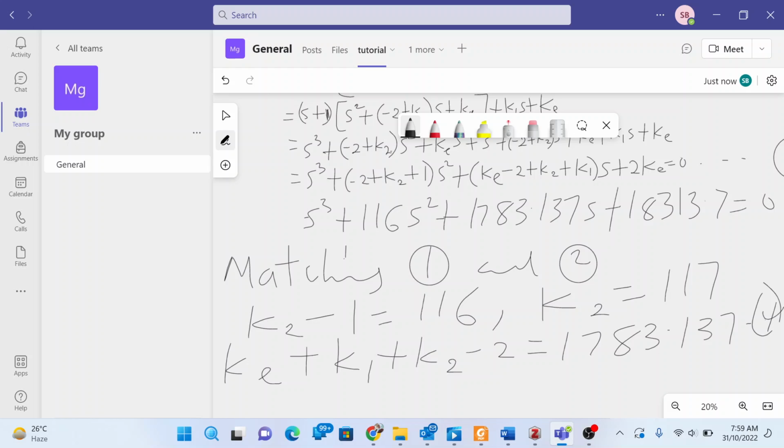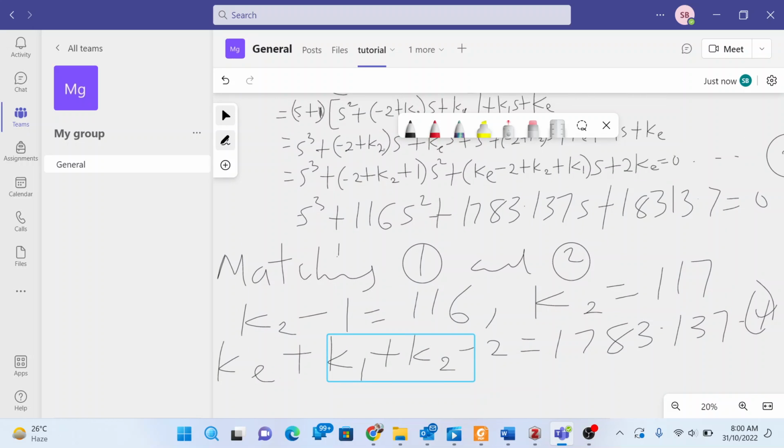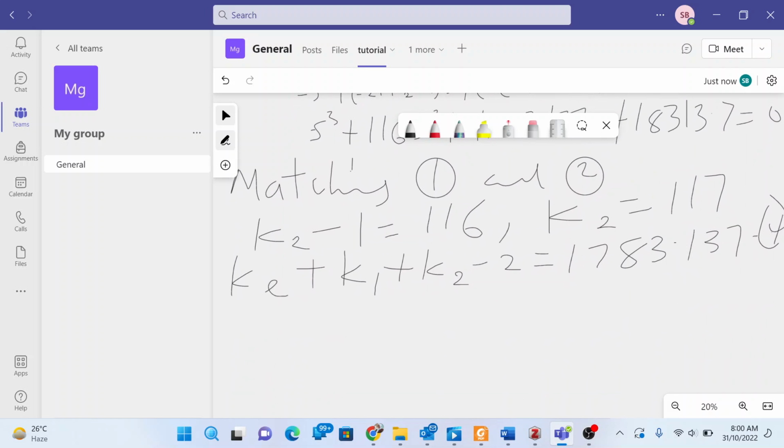Also the third, the constant coefficient, 2ke, we see that 2ke is equal to 18313.7.